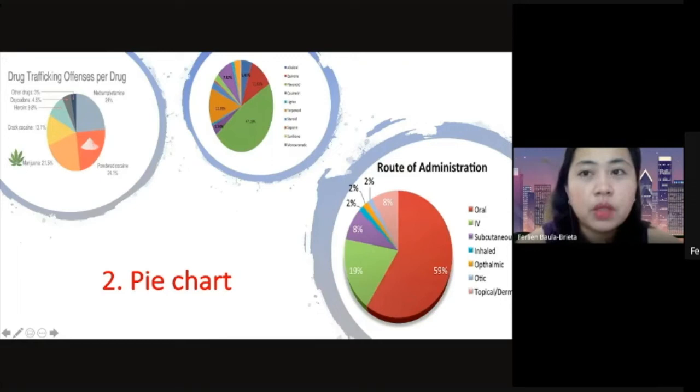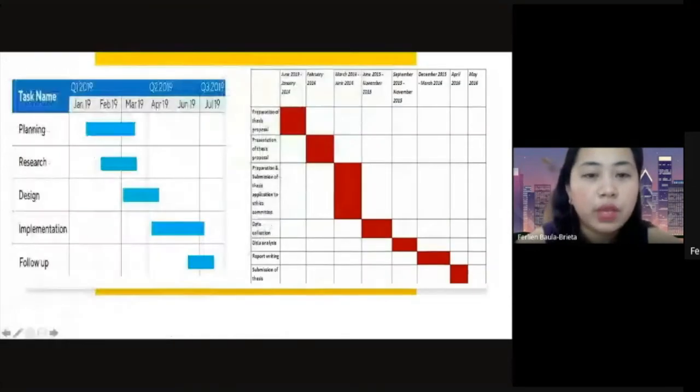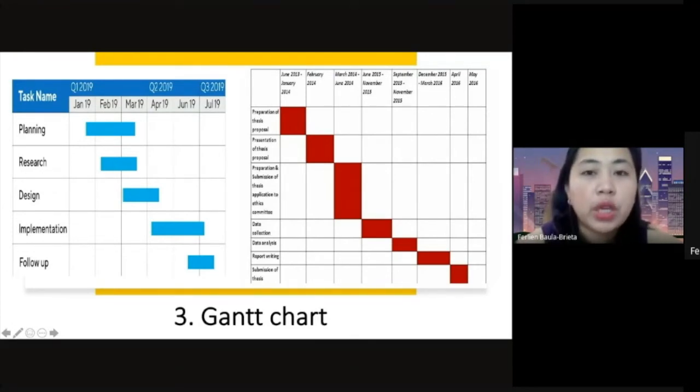Okay? Now moving forward, we have here the Gantt chart. I don't know if you have your Gantt chart prepared for research, but the Gantt chart is another type of chart. It has a horizontal bar to project the updates or the progress of a specific timeline or specific project.